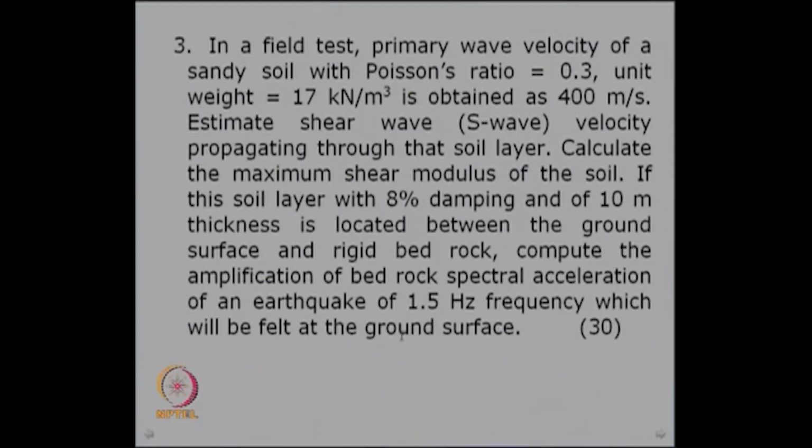So, in this case we found for this soil layer with these given engineering properties and dynamic soil properties etc., there is hardly any amplification of this earthquake frequency of 1.5.